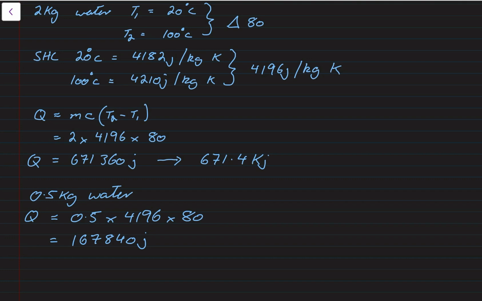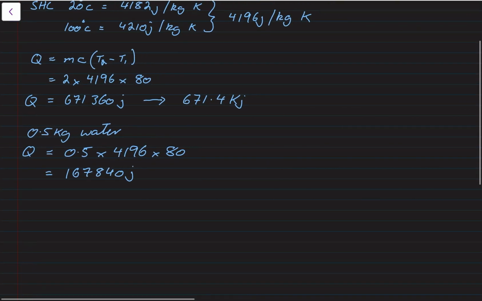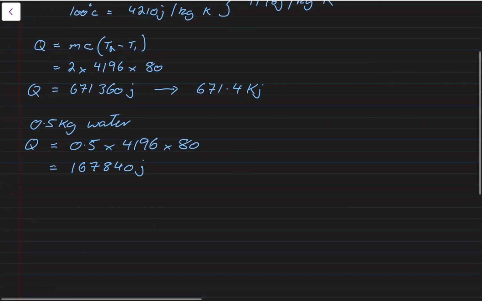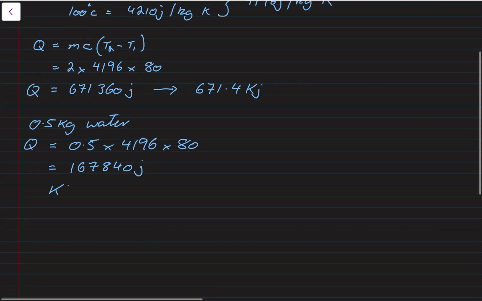So how does this affect your electricity bill? First, we need to understand that electricity is measured in kilowatt hours. So 1 watt of energy equals 1 joule per second.